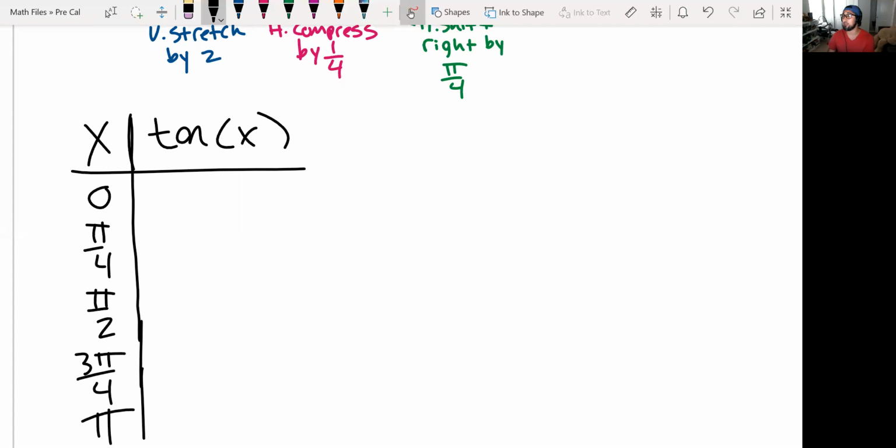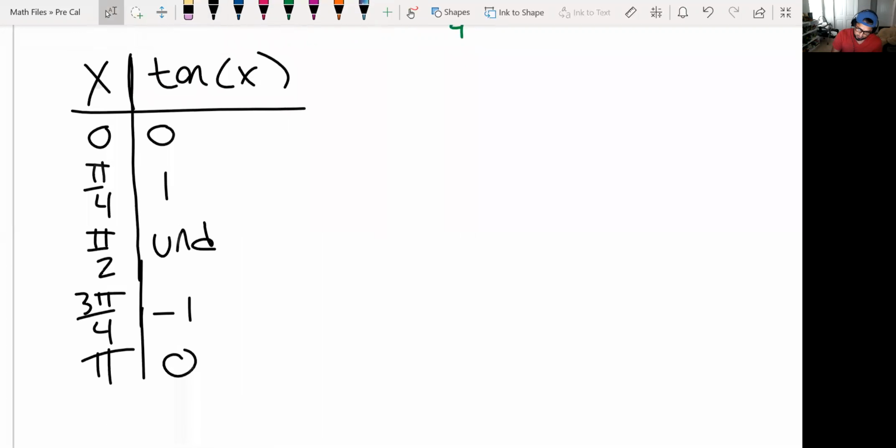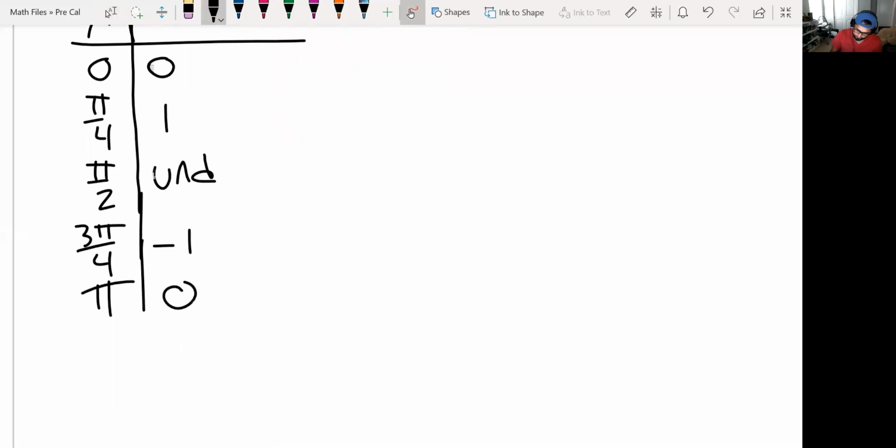So I'm just doing 0 to pi for the parent function. So tangent at 0 is 0, 1, undefined, -1, and then 0. Actually, might need one more coordinate. Maybe if we did negative pi over 4. Okay, you know what? We'll just roll with these and see what happens.